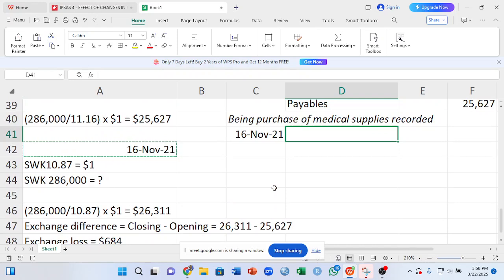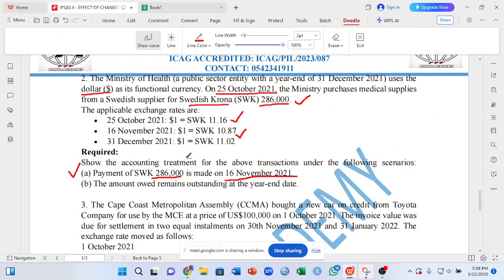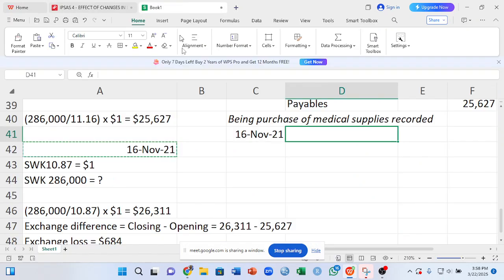What are we crediting? We will debit our payables.